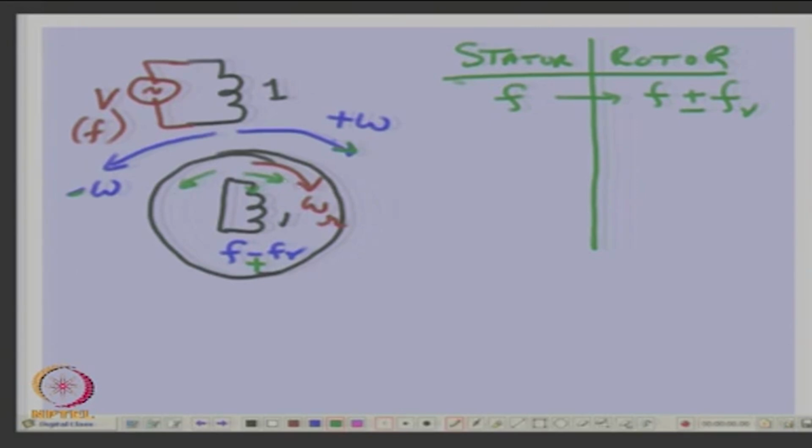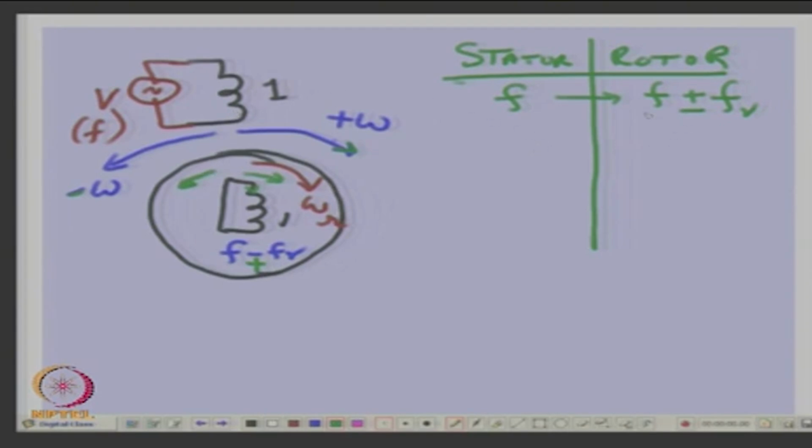The forward field will be in synchronism with the inducing field, just like in a normal induction motor. The forward field produced by the rotor currents will be synchronous with the inducing field, but there will be another backward field which will again give another frequency of currents in the rotor.